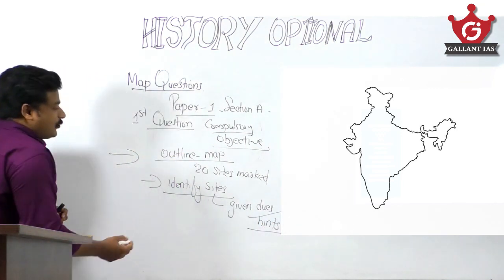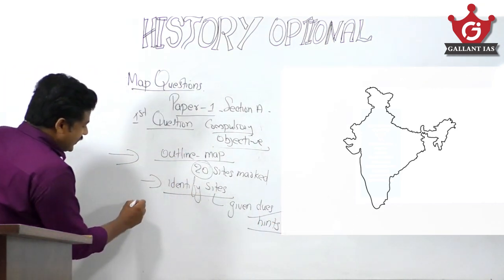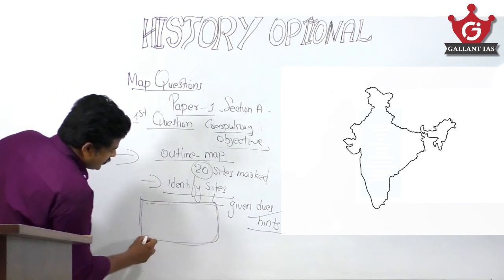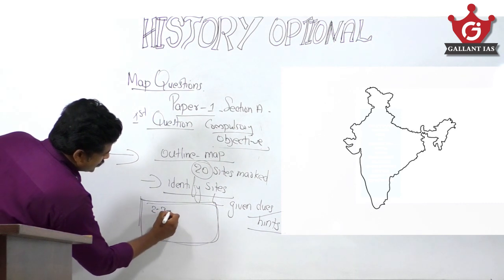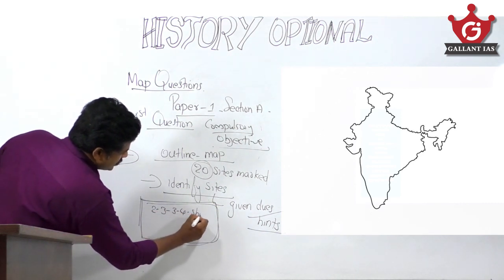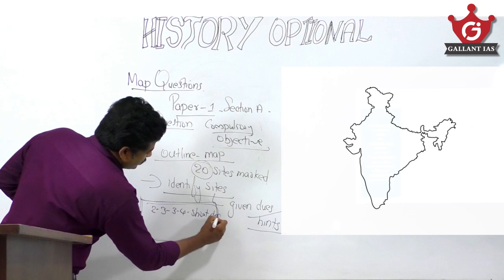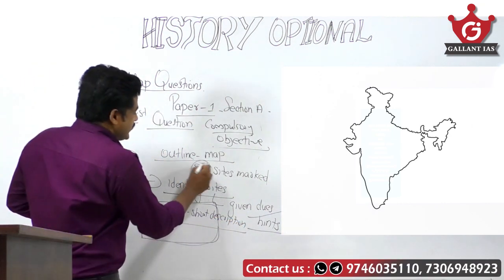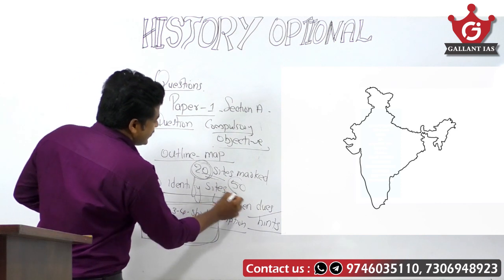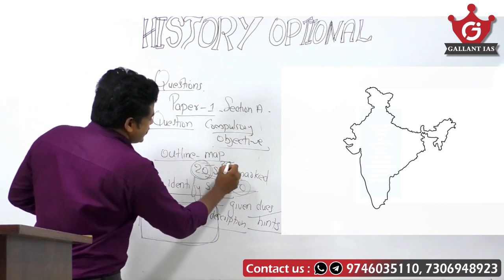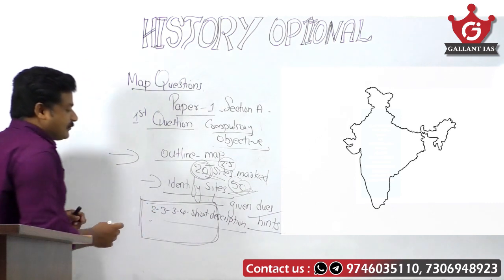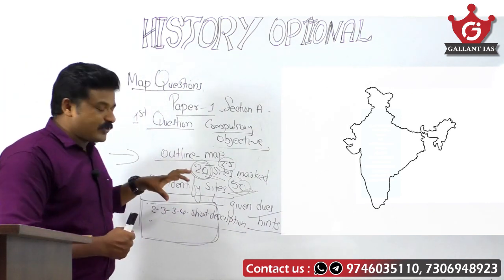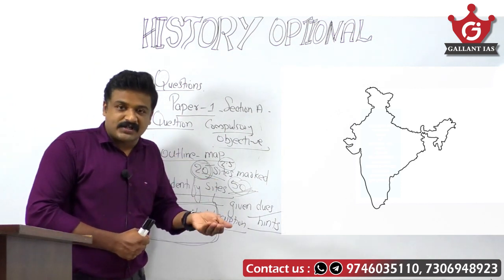Using the given hints, you have to identify the 20 sites and write a short description, maybe 2 to 3 lines or 3 to 4 lines for each site. It carries 50 marks, 2.5 for every site. So this is one of the easiest scoring parts of your history optional, and it gives you an edge over other optional subjects.